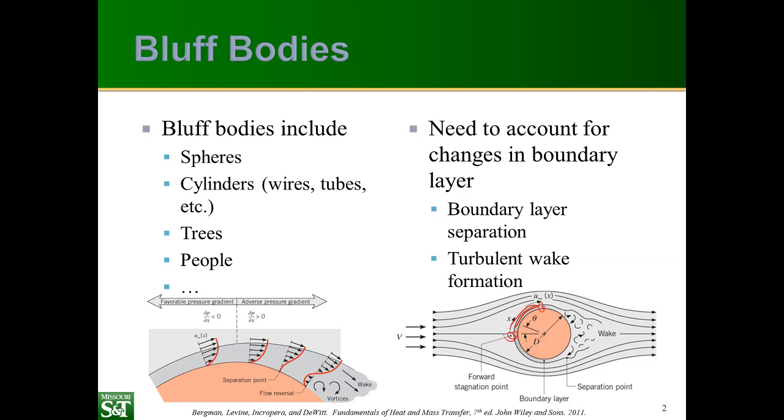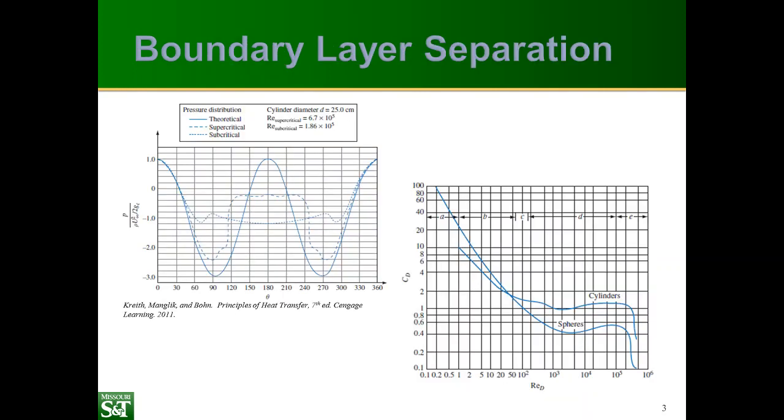And then you may also have boundary layer separation here, where the boundary layer separates from the surface and you have the formation of a turbulent wake in this area. And that's going to change the behavior on the back side of the object and make the analysis even more complex. So boundary layer separation affects the pressure distribution around an object.